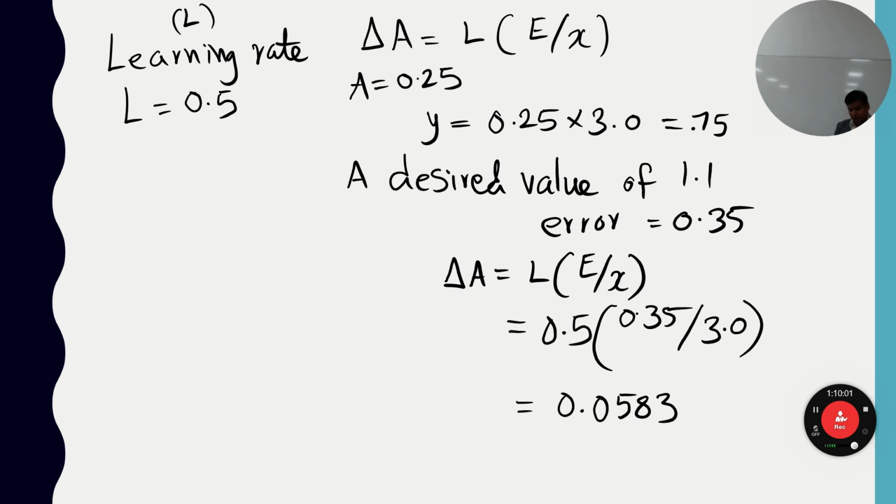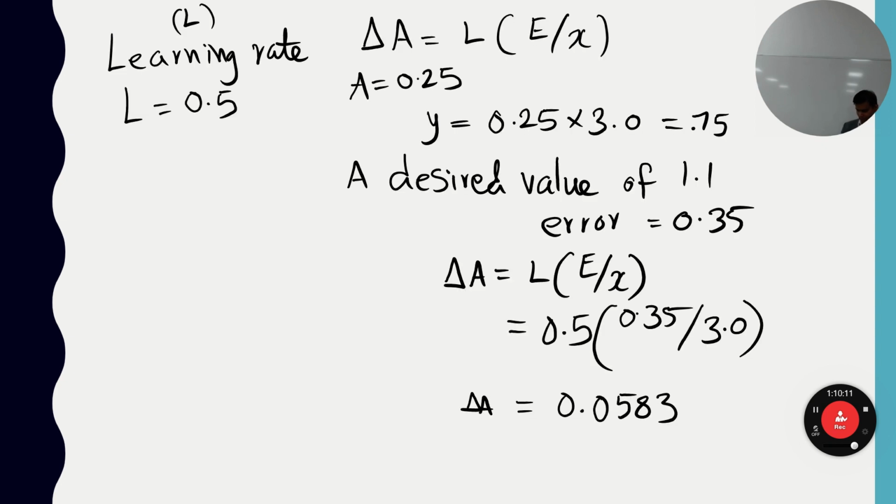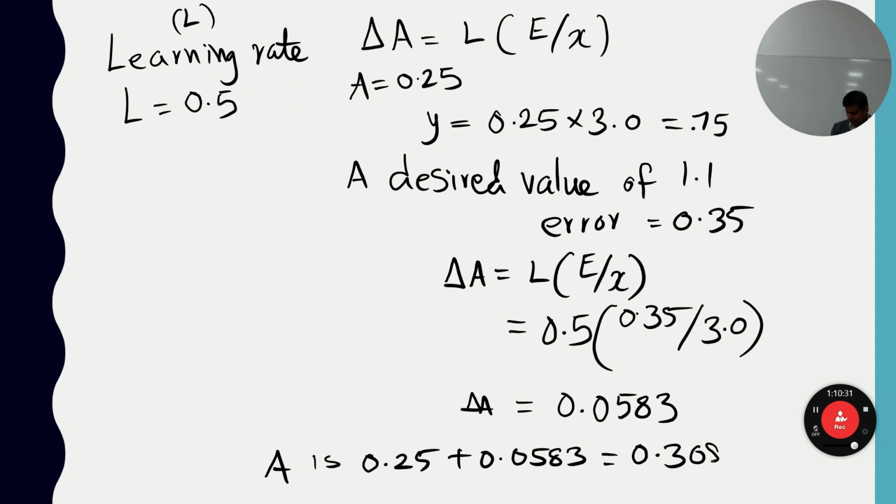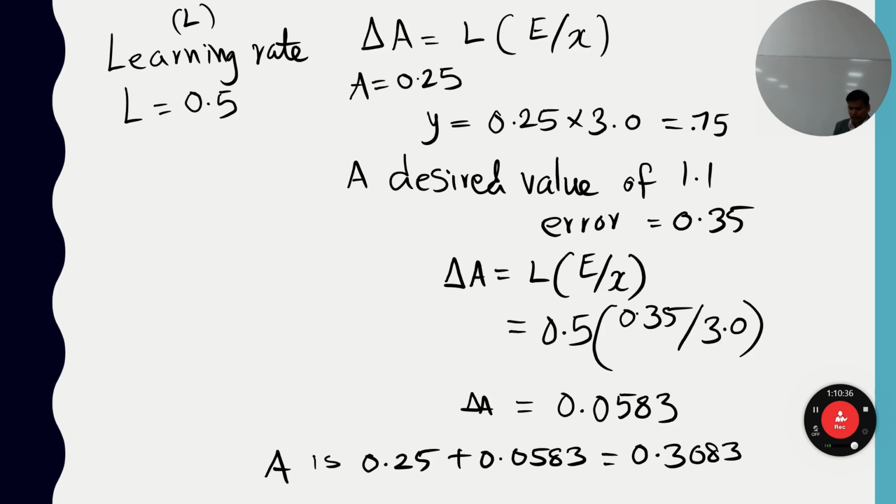So this is delta A, right? Now let's update the value of A. A is 0.25 plus 0.0583, that is 0.3083.